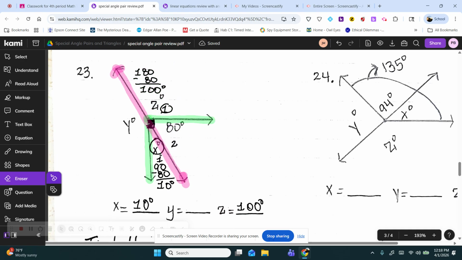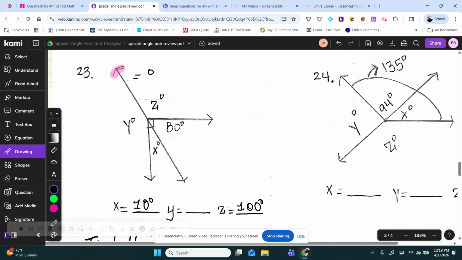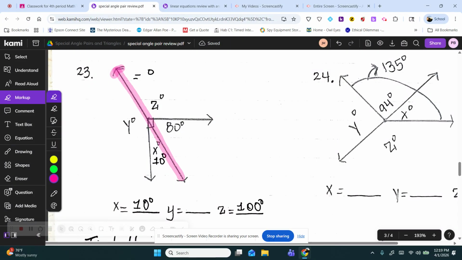And I'm going to erase this portion here. I'm going to start over because I still have to figure out the measure of angle Y. However, I'm going to put that x is 10 degrees. So I'm going to draw another line, but instead of going to the right side of the line, I'm going to go to the left side, kind of underneath it. But they still sit inside of a semicircle, which means they're supplementary.